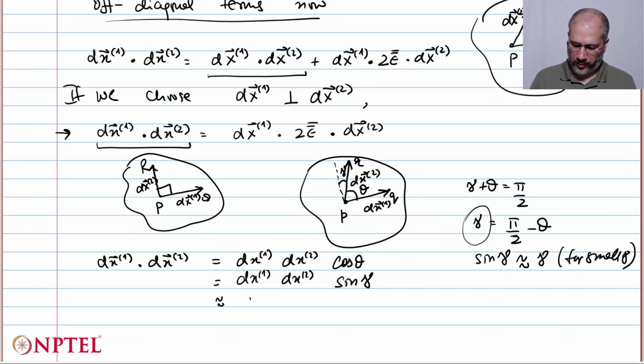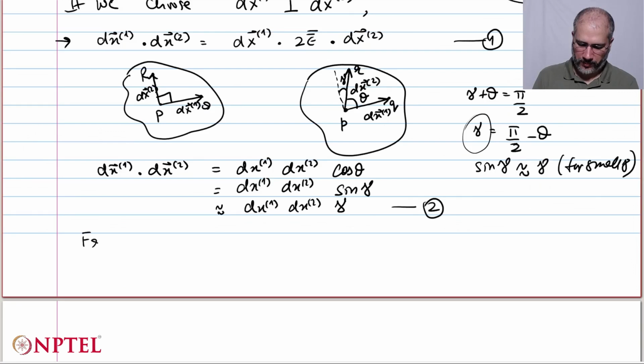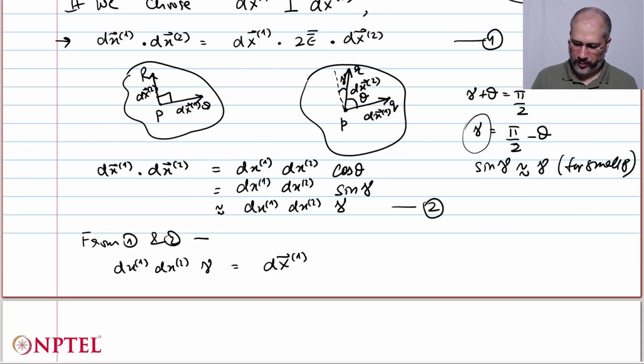So this becomes approximately equal to d small x1 d small x2 times gamma. So let's call this 1 and let's call this 2. From 1 and 2, what we can see is that d small x1 magnitude times d small x2 magnitude times gamma is equal to d capital X1 vector dotted with 2 epsilon dotted with d capital X2 vector.